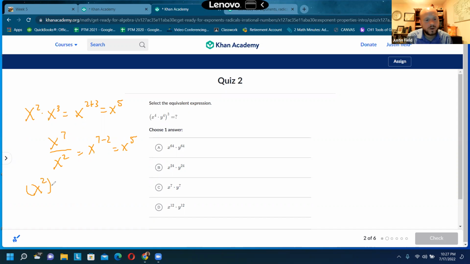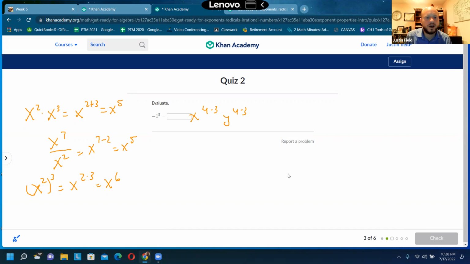Sometimes we are taking a term and raising it to a power, which means we end up multiplying the exponents. So here we are multiplying the exponents: x to the 4 times 3, y to the 4 times 3. So we're looking for two 12s here.